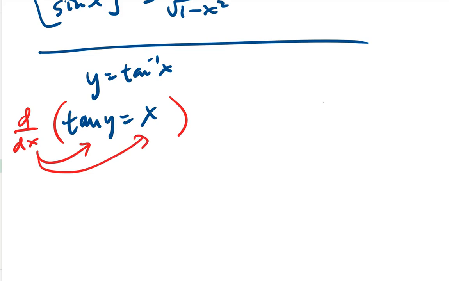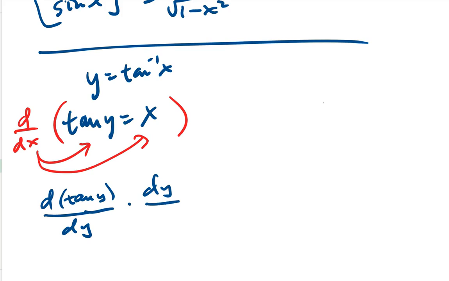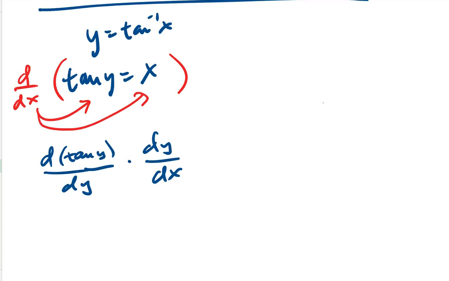When I do it to the left side, I'm doing the derivative of tangent y with respect to y times the derivative of y with respect to x. This is the chain rule because y is implied to be a function of x. I don't know what it is, but y is implied to be some function of x.